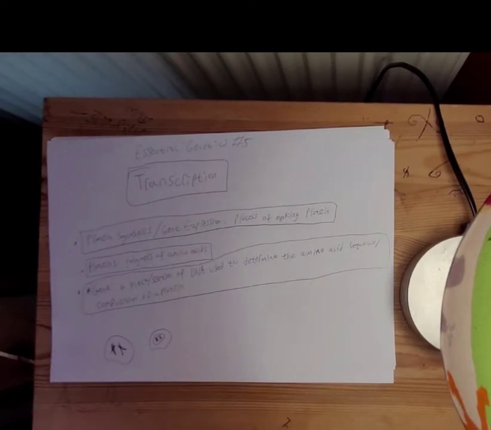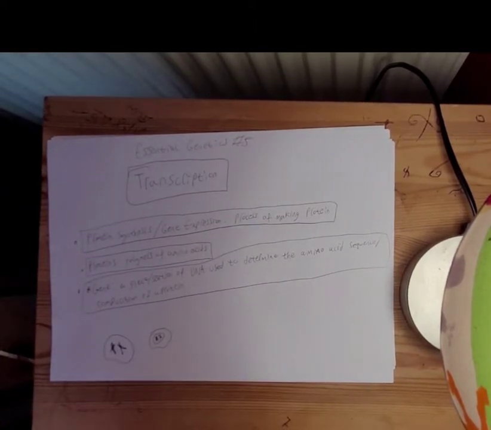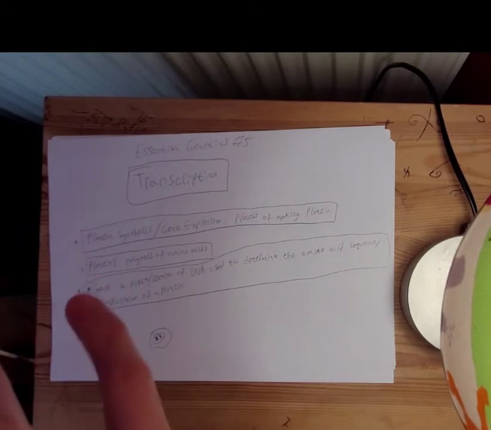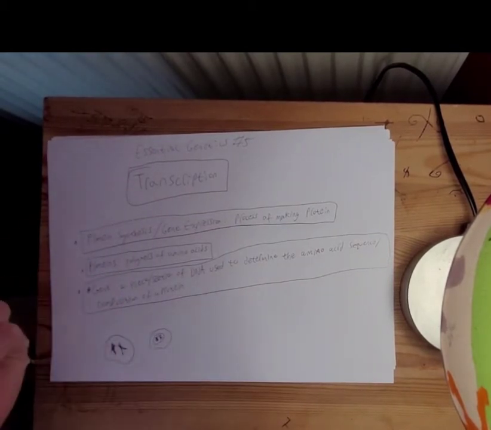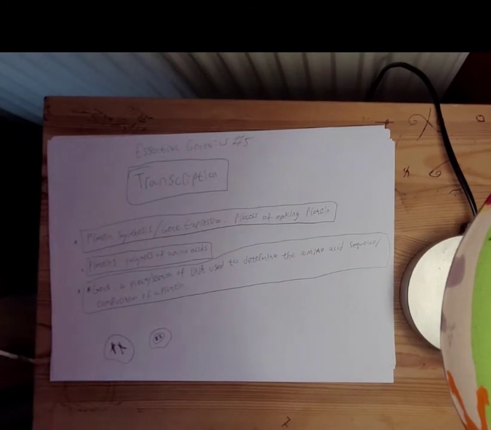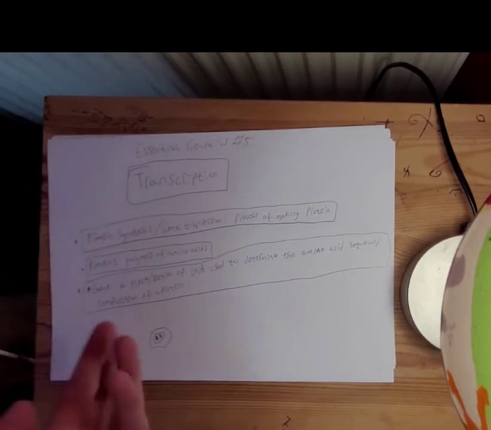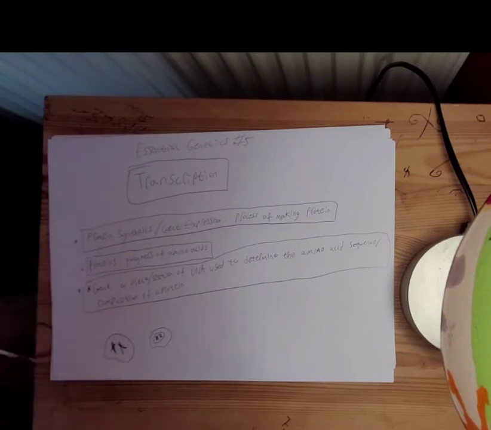Now, in transcription, a copy of the gene is made, and this copy of the gene is then brought to a part of the cell where it's used to determine, as I've said many times in this video, the structure of the protein. In prokaryotes, it goes strictly to this stage, directly.